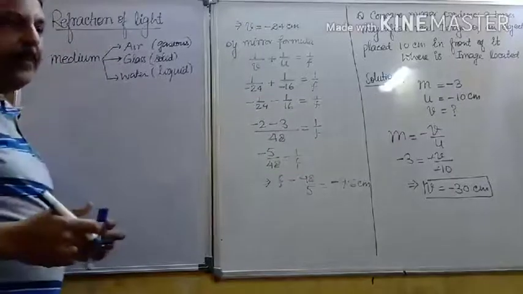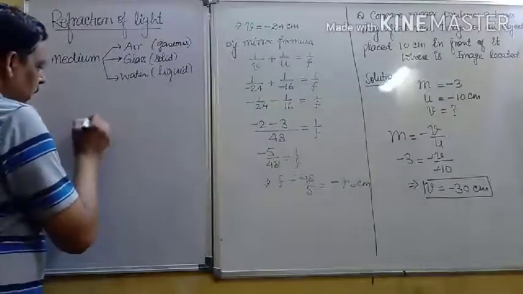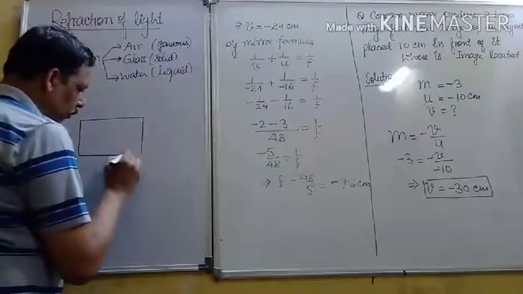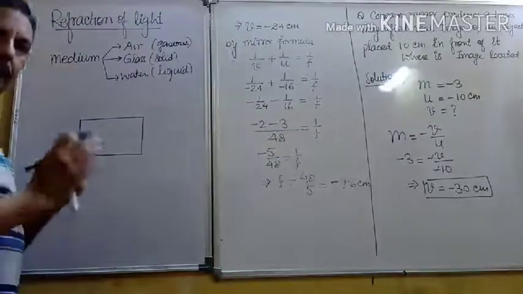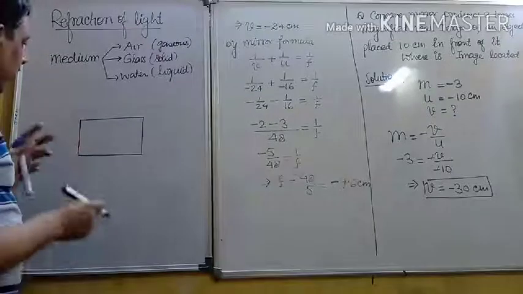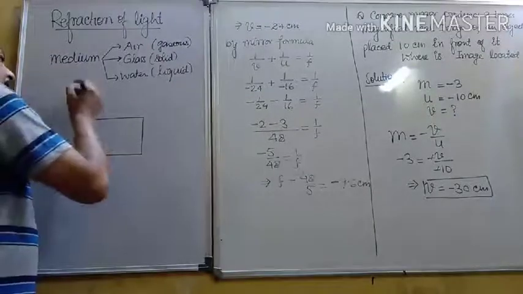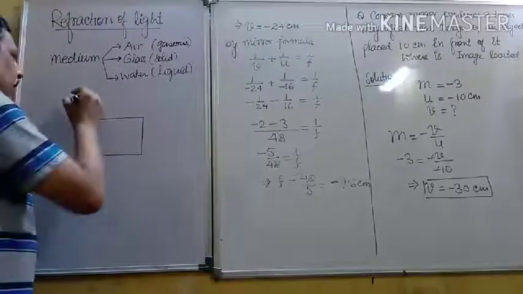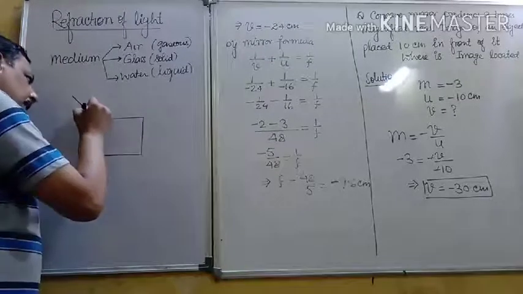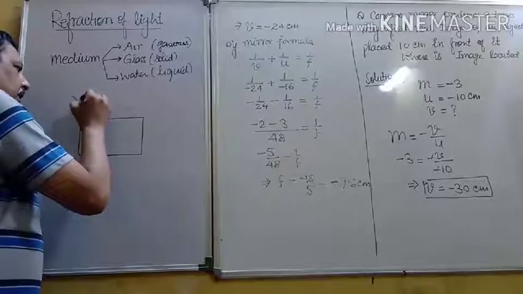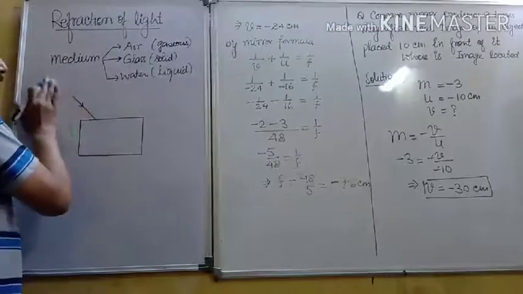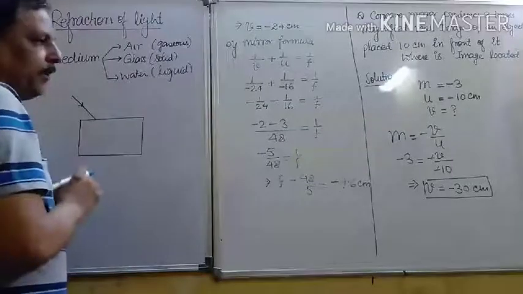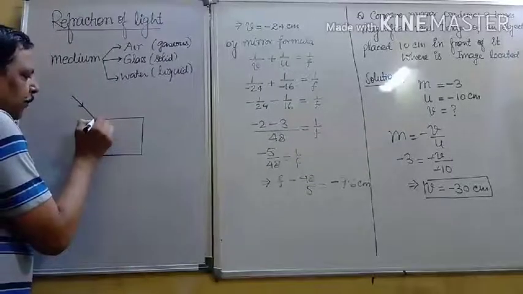Now what happens if we place a glass slab? Look very carefully. If we have a glass slab and we fall a light obliquely, light which comes from a luminous object, a beam of light, what will happen at this point of incidence?